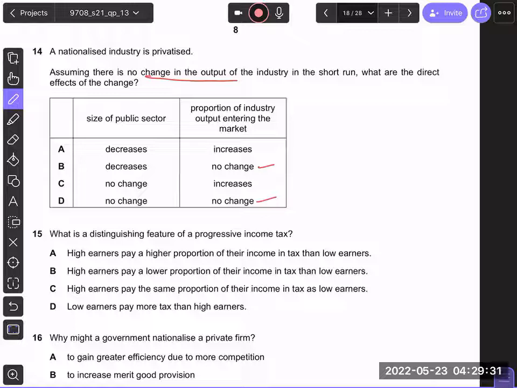The size of the public sector will obviously reduce because now you have more private sector, since you have privatized the government state-owned enterprises. Right, so the size of the public sector will decrease. The answer will be B.